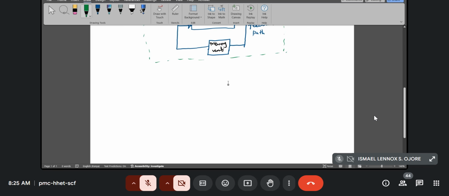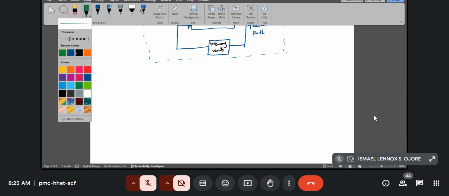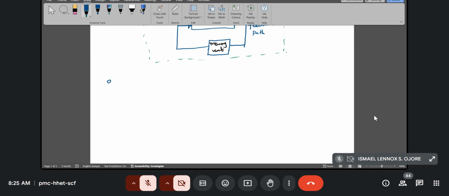What's the difference between synchronous and asynchronous? When we hear of a synchronous system, what does that indicate? For synchronous, we have the aspect of a clock.